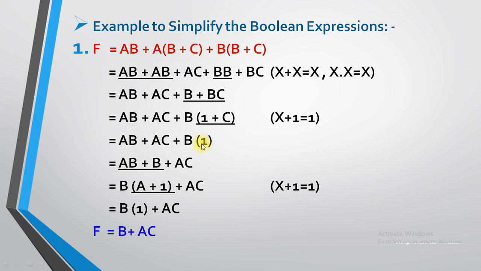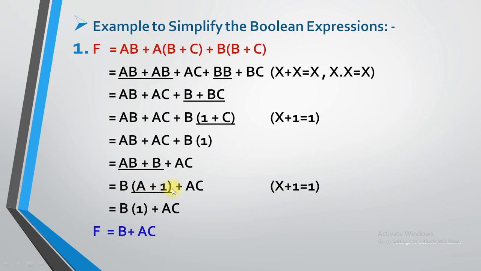Now see, b into 1 again b. So I have arranged this term AB plus b plus AC. Right? Sequence you can write in any way. Now again, common factor out of this term is what? B. So I have kept b outside and into bracket a plus 1.